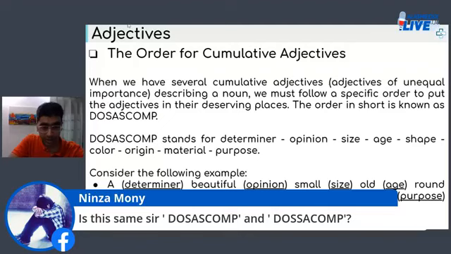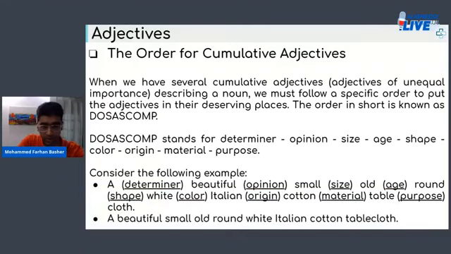So you say DOSASCOMP. Okay? All right, so this is the order which you follow when you have to put multiple adjectives before a noun. All right? Okay, so yes.